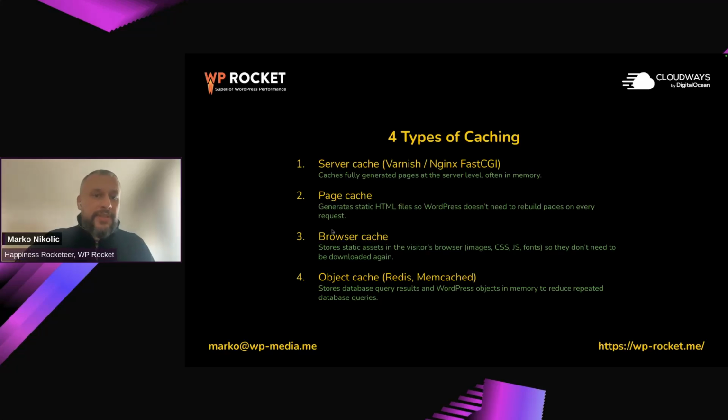When you visit the site, the cached version is delivered through the server caching. Page caching, as I said, is through WordPress, and usually placed in the wp-content cache folder, like WP Rocket does, and some other caching plugins do.